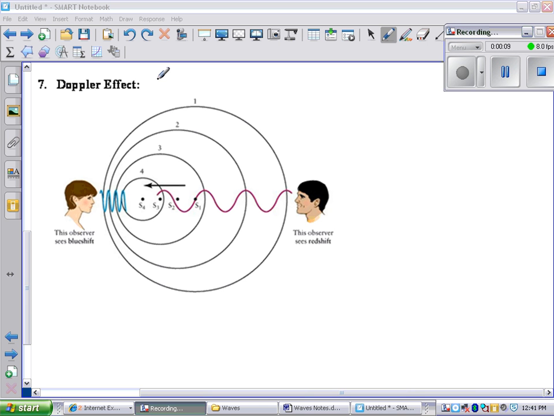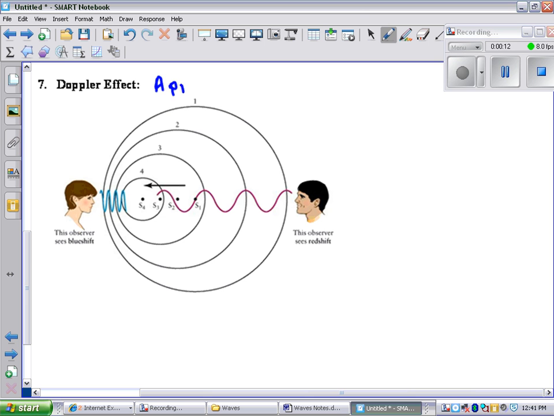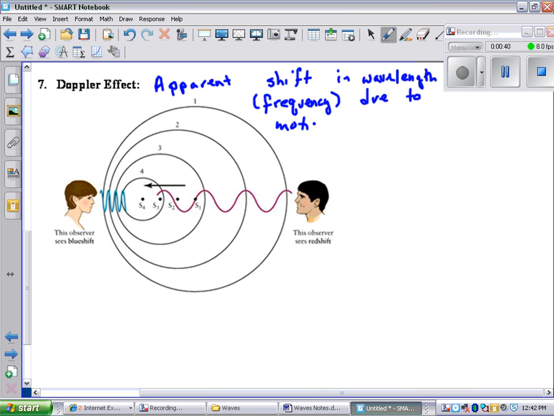The Doppler effect, we're going to define it as the apparent shift in wavelength or frequency, because if wavelength changes, frequency is going to change, due to the motion of an observer of a wave or the source of the wave.